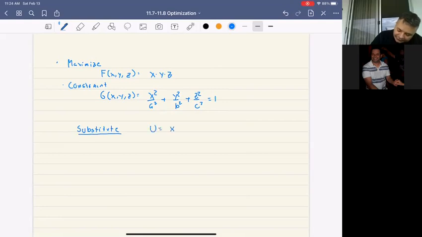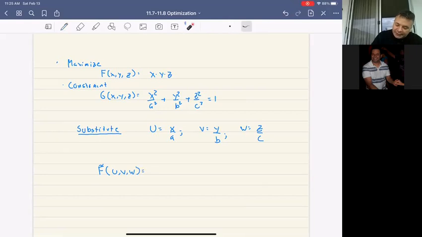U equals x over a. V equals y over b. And w equals z over c. Okay, so then our new problem becomes, let's call it f tilde of u, v, w.